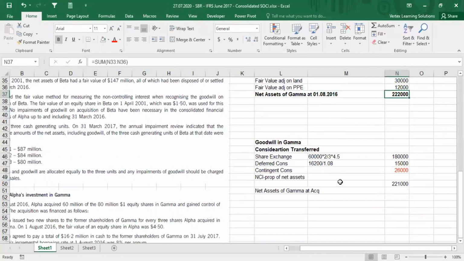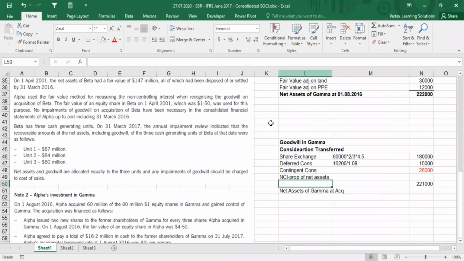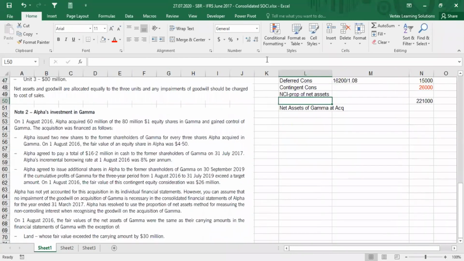And from this net assets, we say that non-controlling interest is measured as a proportion of net assets. So how much is the non-controlling interest? Now, you know that in gamma, total were 80 million. You purchased 60 million. So 6 out of 8, which means 3 by 4 you are buying.